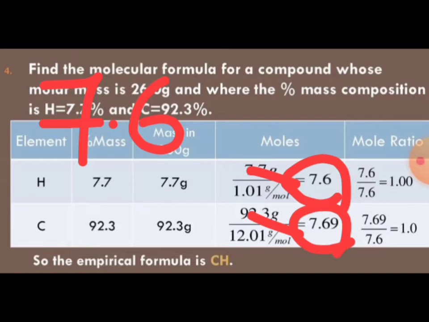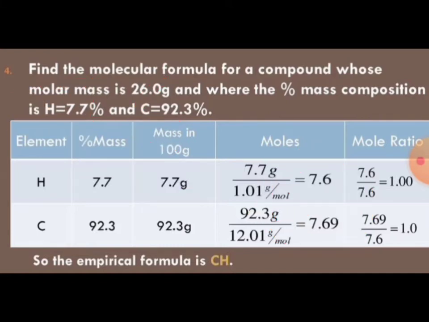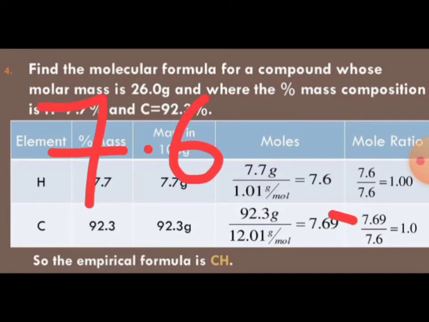So what I need to do in the next step is divide both these values by this number. For example, the moles of hydrogen is 7.6, divided by the smallest number of moles, that is 7.6, I'll get 1. Similarly, the number of moles of carbon is 7.69. I should divide by the smallest number of moles, that is 7.6.